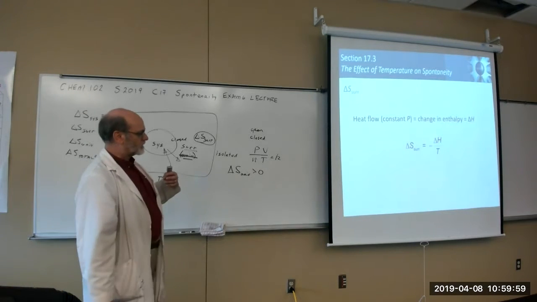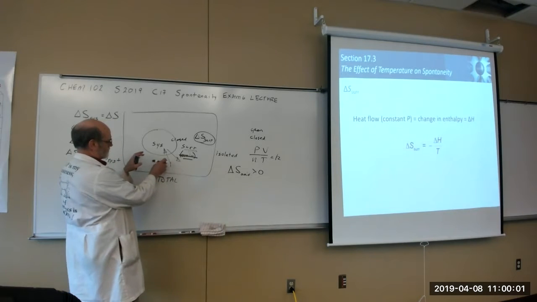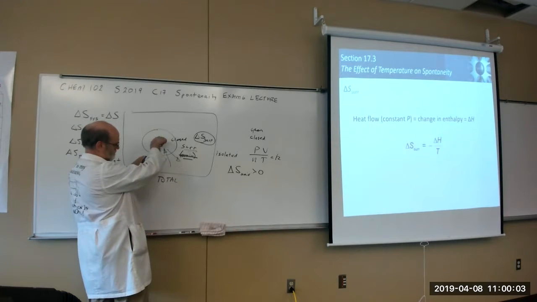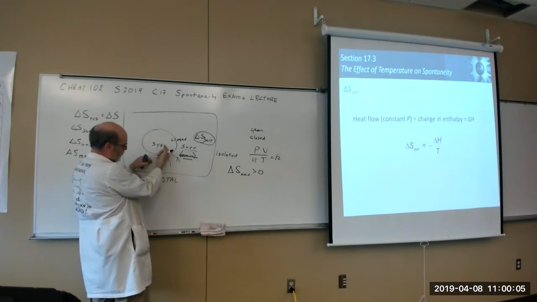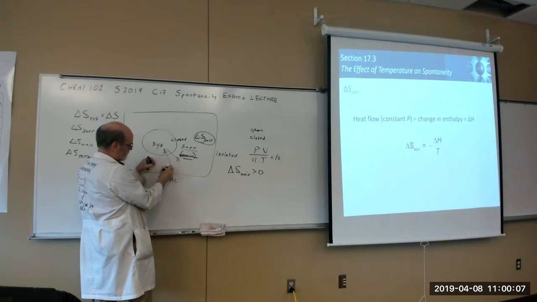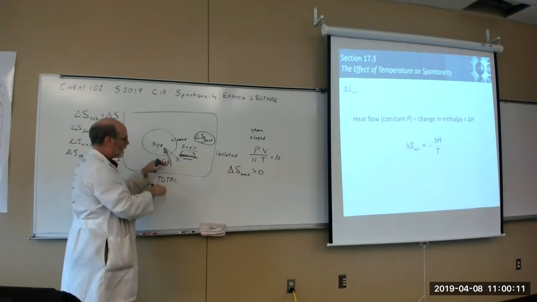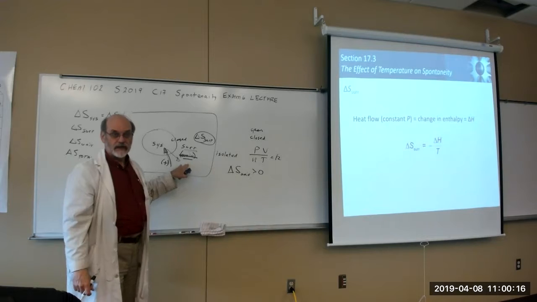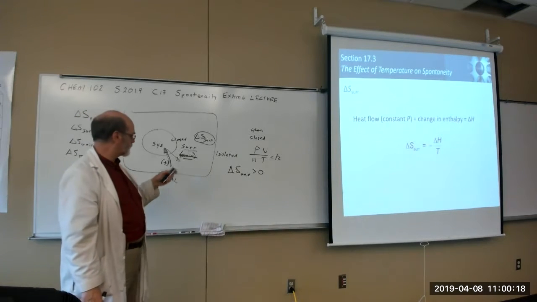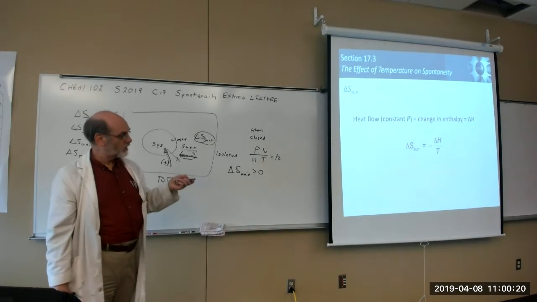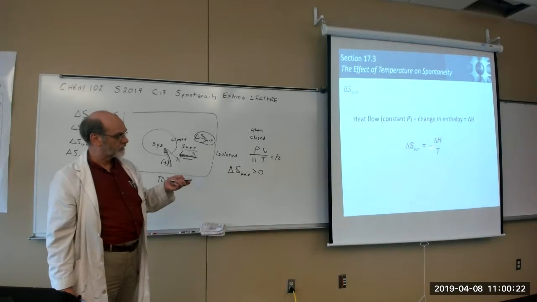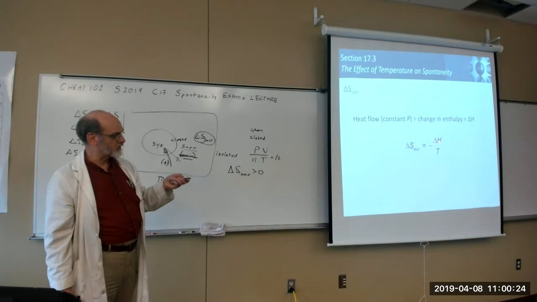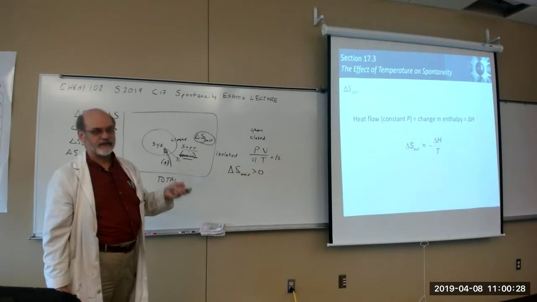If delta H is positive, it goes this way. Then what happens to the entropy of the surroundings? The entropy has to go down, and in order for it to go down and remain consistent with the convention, we have to put that negative sign there. If this is positive and that's supposed to be going negative, we have to stick that negative there.